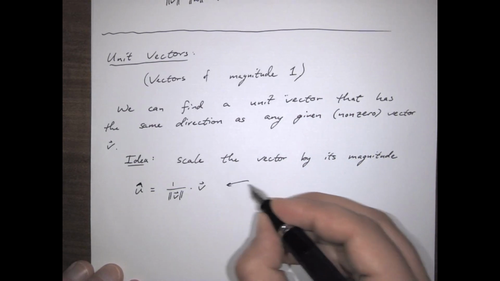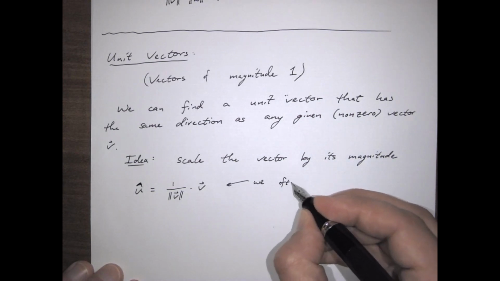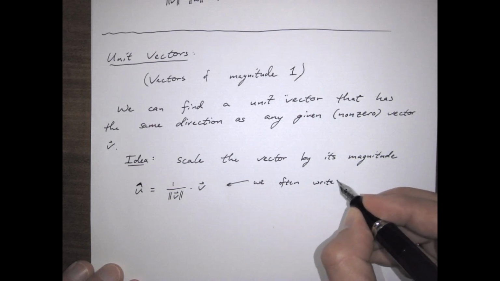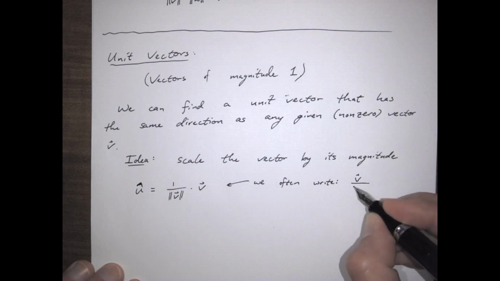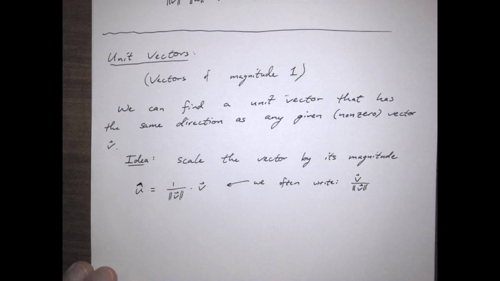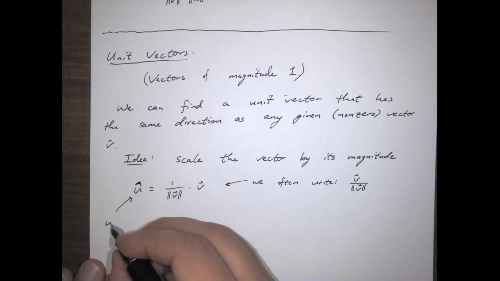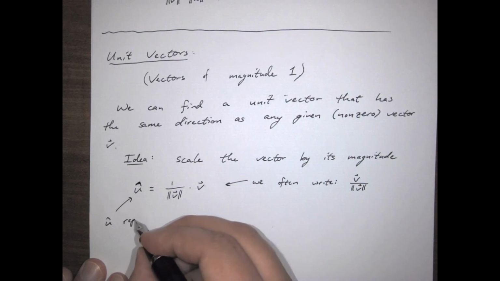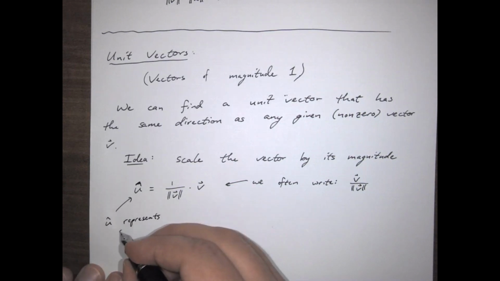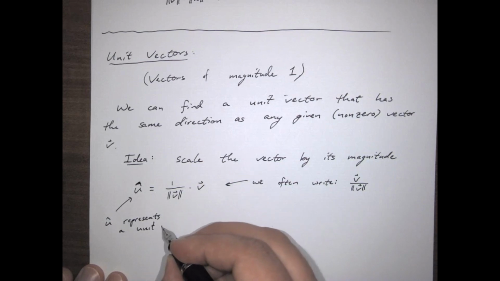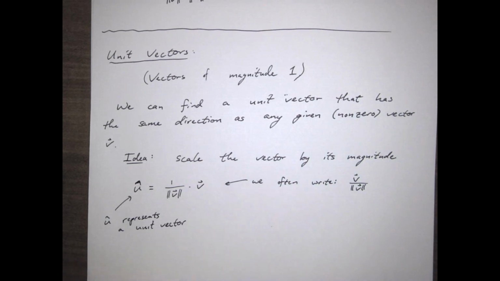And we often write the vector divided by its magnitude. And here, u hat represents a unit vector. As an example, we might have something like this.